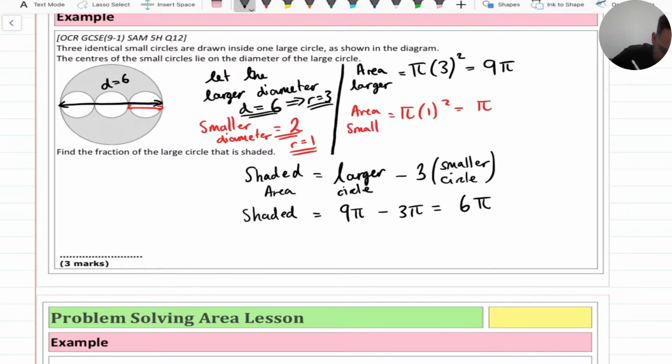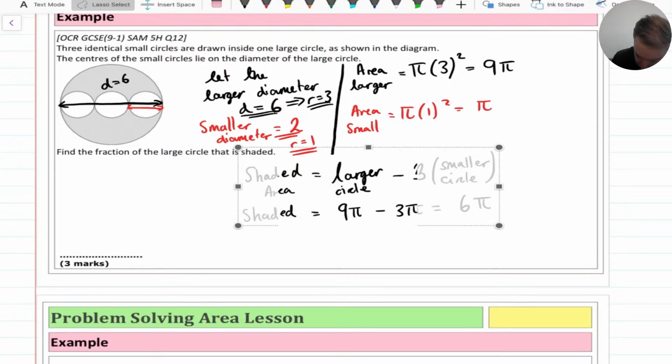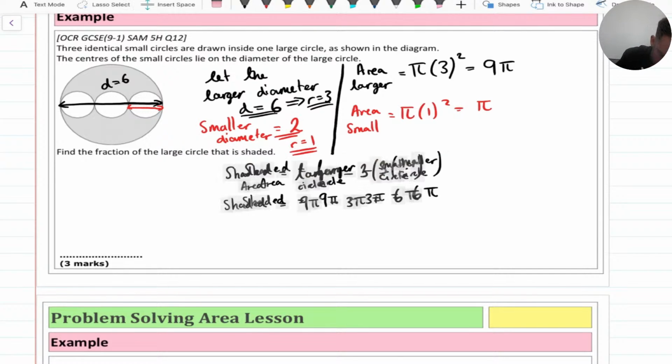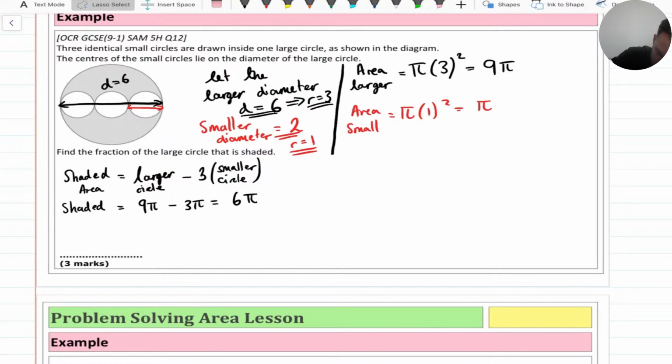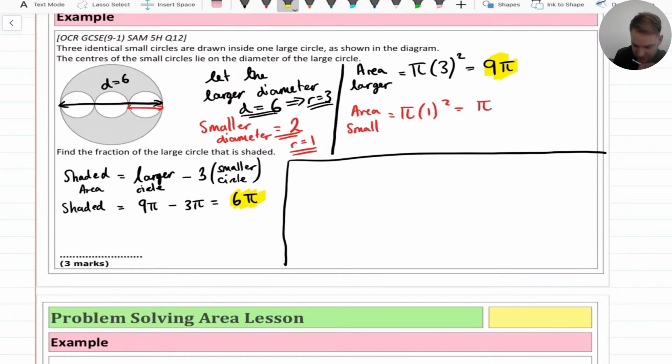Now again, they're not asking for the shaded area. They're asking for the fraction of the shaded compared to the larger. So that's the shaded area and that's my larger area, and they're asking for the fraction of the larger circle that is shaded.